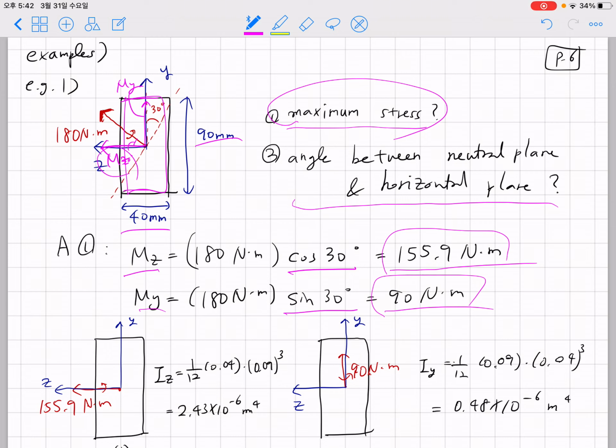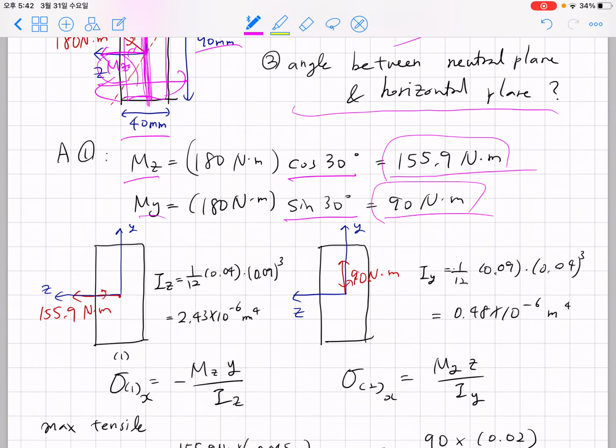However, when you try to bend with respect to this My moment, the material is rather distributed near the centroid, right? In that direction, we don't have as much distribution, so you can expect that the area moment with respect to this kind of bending will be relatively small. Okay, so let's try to get the number.